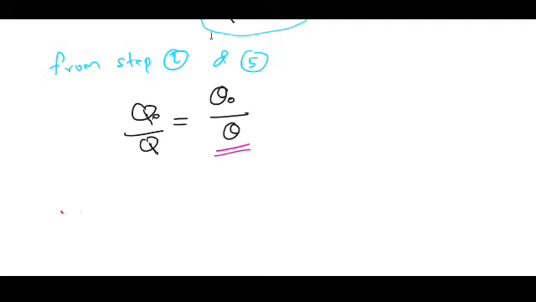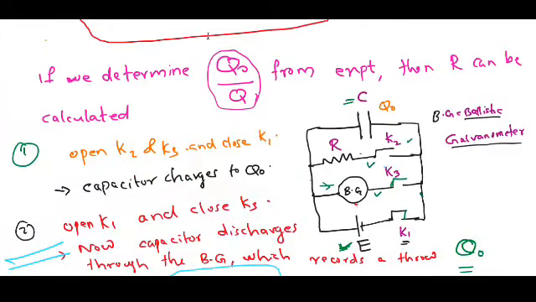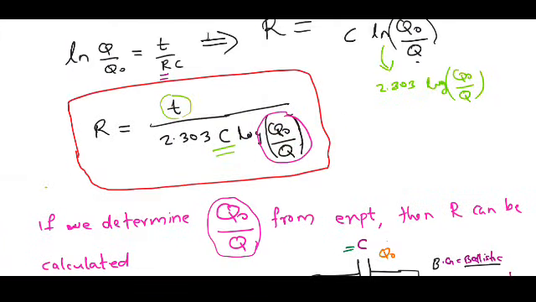Instead of Q0 by Q, now you can substitute theta 0 by theta in the first equation. That is, the value of the unknown resistance R can be calculated using equation 1. Now, instead of Q0 by Q, we substitute theta 0 by theta obtained from the ballistic galvanometer.